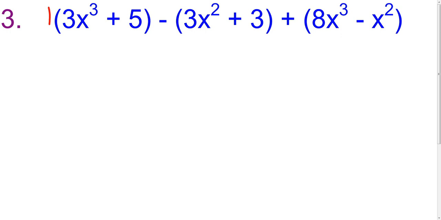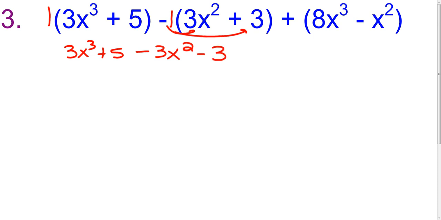Again, if I have this 1 in front of here, since it's positive, it doesn't change anything that's in that parentheses. Here, because of the negative 1, if I distribute that, it does change the signs on everything in that parentheses. And then the 1 here, again, doesn't change that. So I will start with my biggest exponents first, which are my x cubed terms.